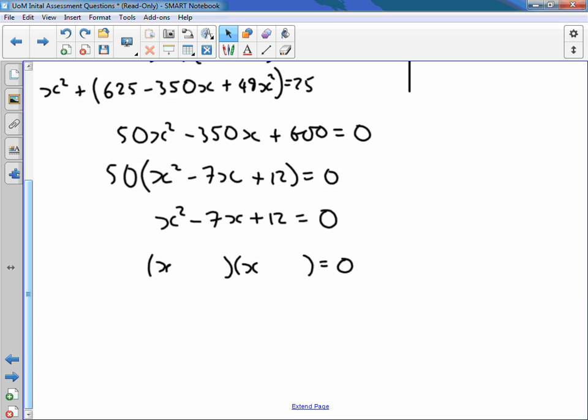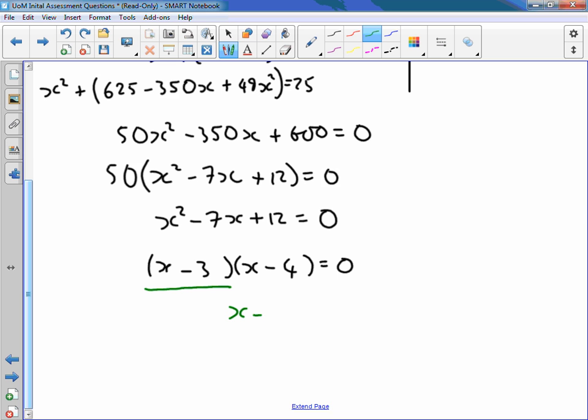And then I just need 2 numbers that multiply together to give me 12 and add together to give me minus 7. So it's going to be minus 3 and minus 4. So once again, that means either x minus 3 is equal to 0, x equals 3, or x minus 4 is equal to 0, in which case x is equal to 4.